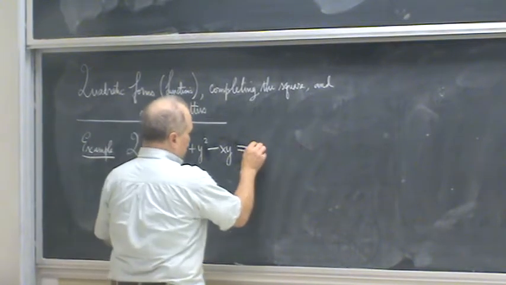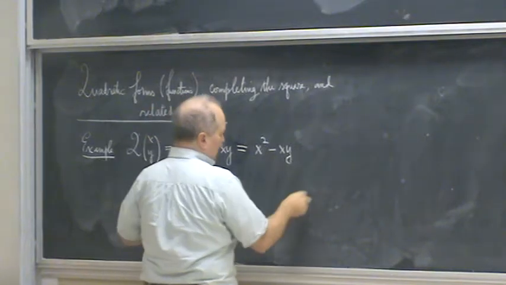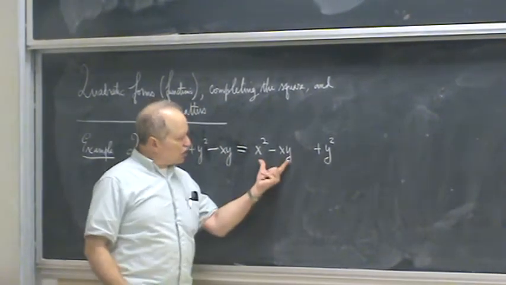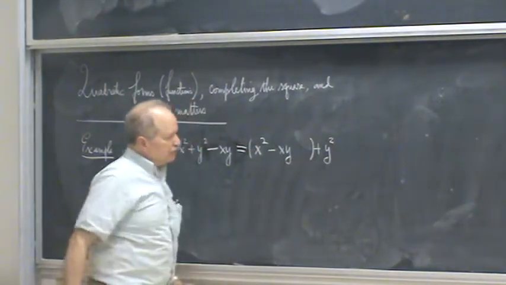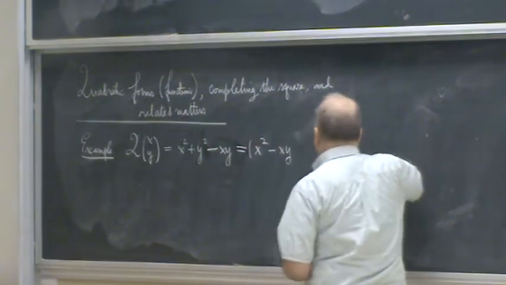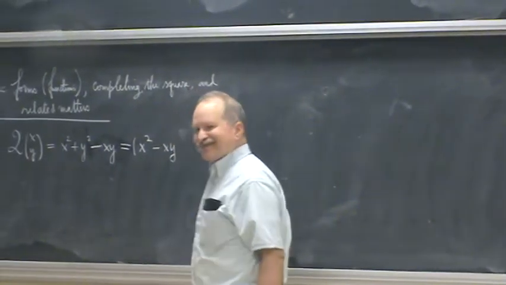Here's what I'm going to suggest. You want to write it this way, and you want to say to yourself, what term could I add to this so that this would be a perfect square? Something over 4. Y over 4. Y over 2 squared.